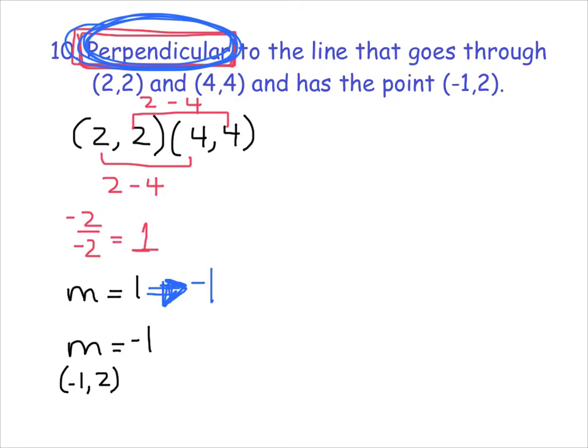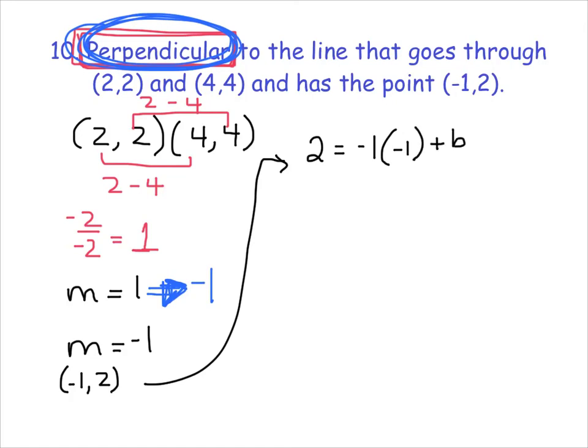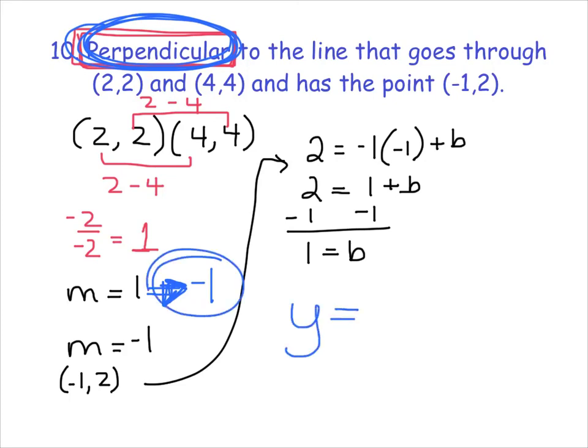So we're going to plug in 2 equals negative 1 times a negative 1 plus b. That means 2 is equal to 1 plus b. Subtract 1 from both sides. 1 is equal to b. So our new equation is the new slope, because it was perpendicular to the 2 points they give us, a negative x plus 1.